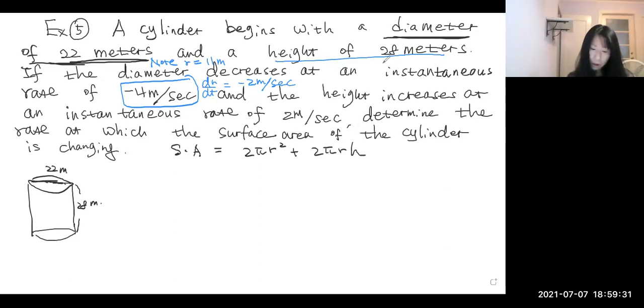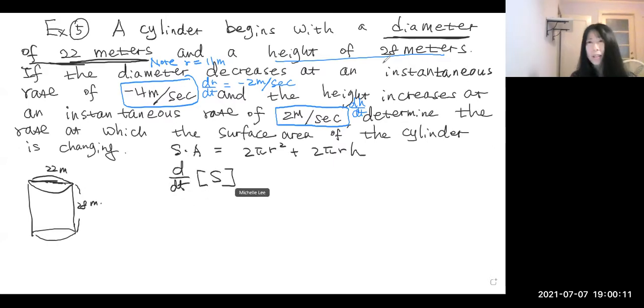So then what is this? How do you set this one up? dh over dt. Excellent. Okay, so then let us take the derivative with respect to t.